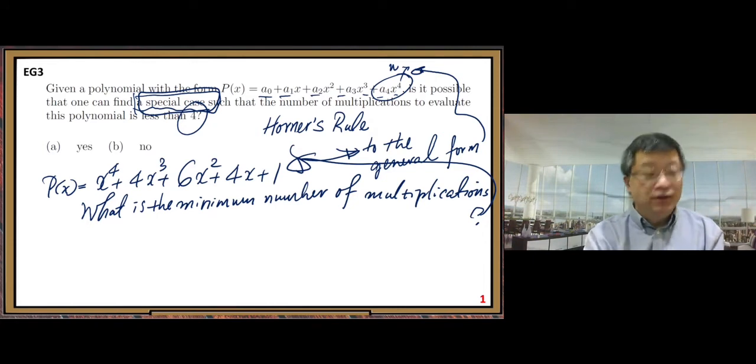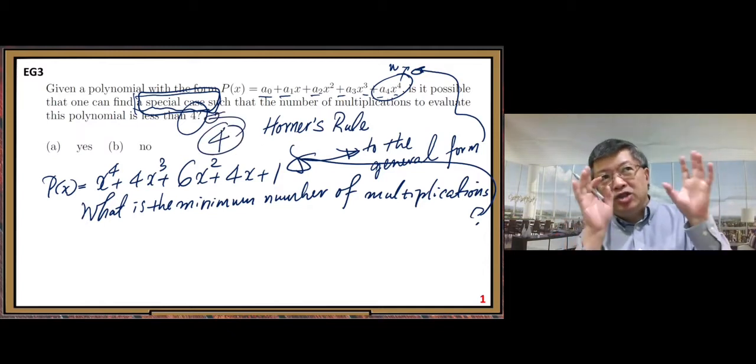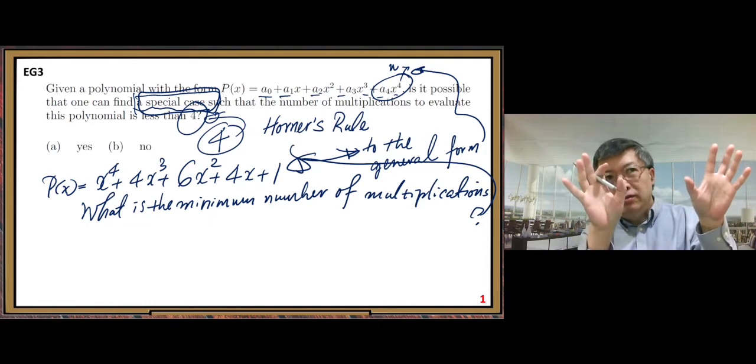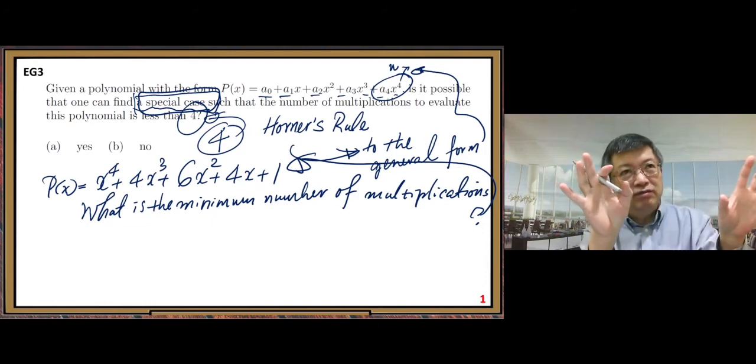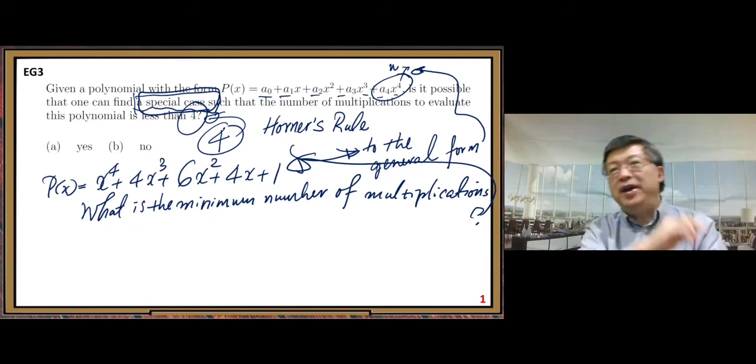Although you can use Horner's rule, if you use Horner's rule, you get 4, right? So that's the answer here. But now, because this polynomial has a special structure, we can do better than Horner's rule. How about that?